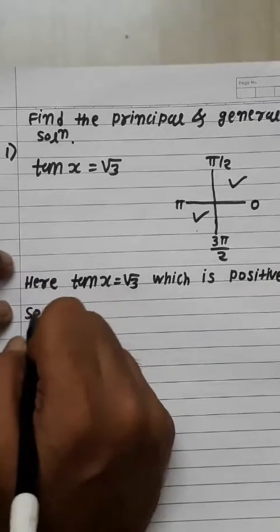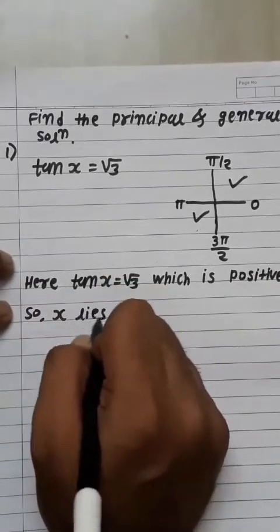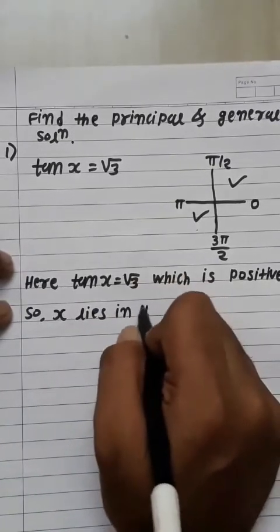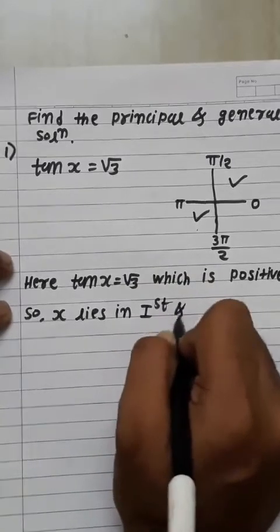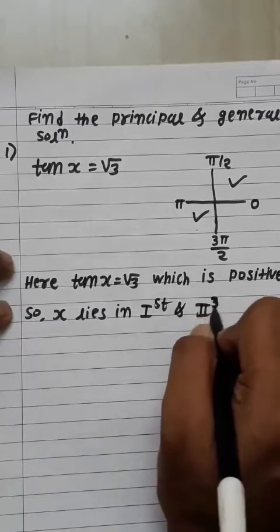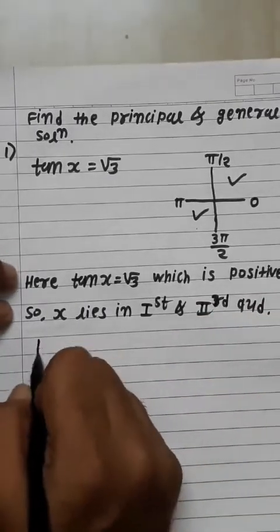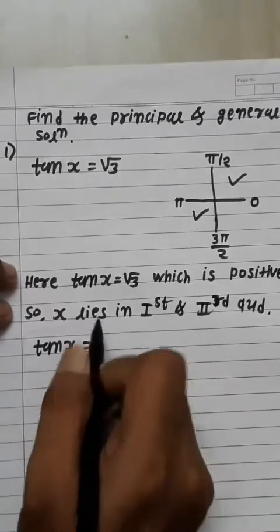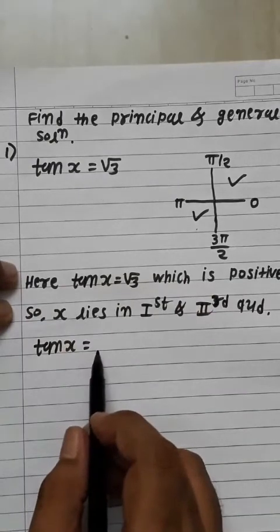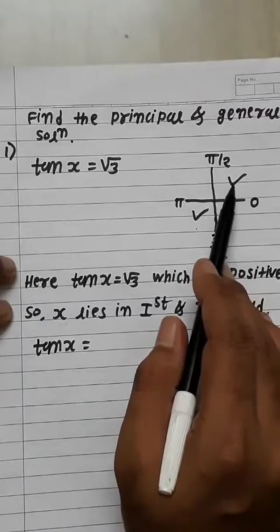So x lies in first and third quadrant. So here we write tan x is equal to root 3, using the trigonometry table, tan is positive in first and third quadrant.